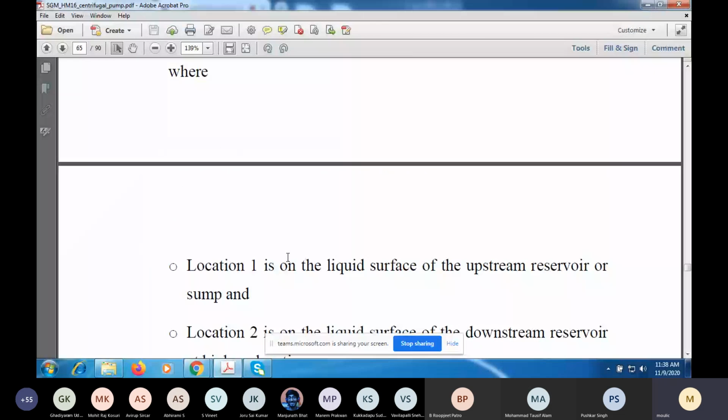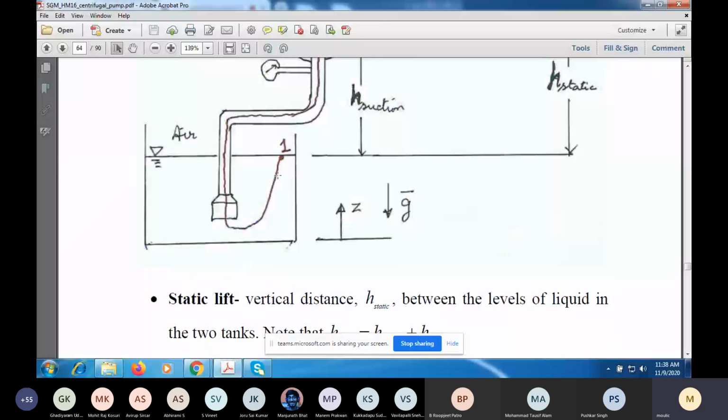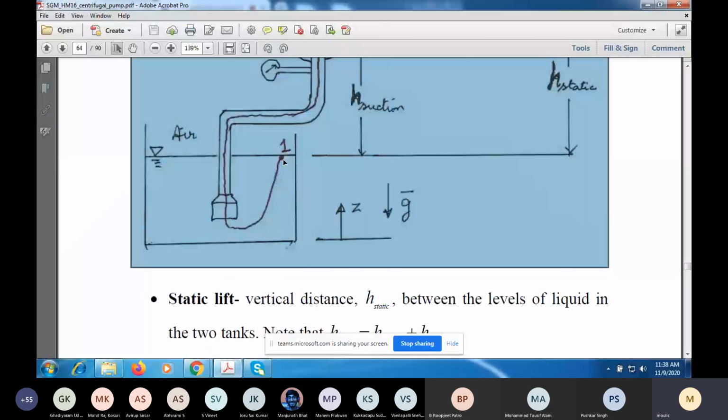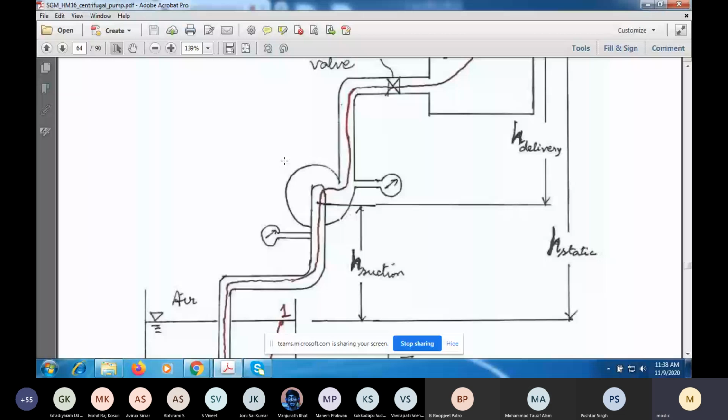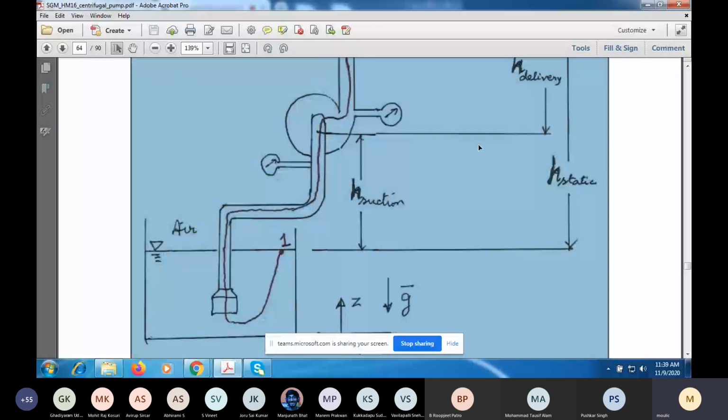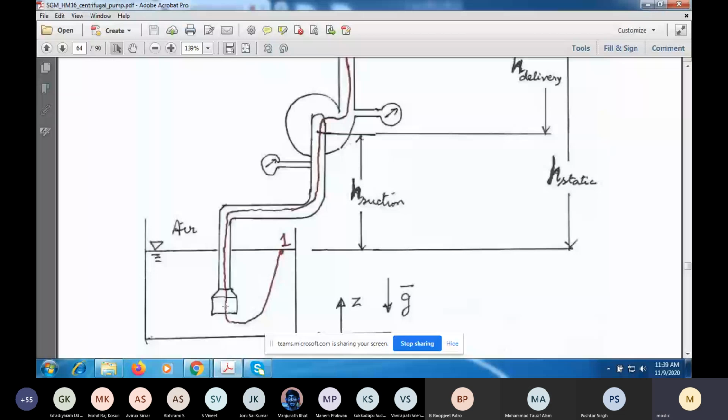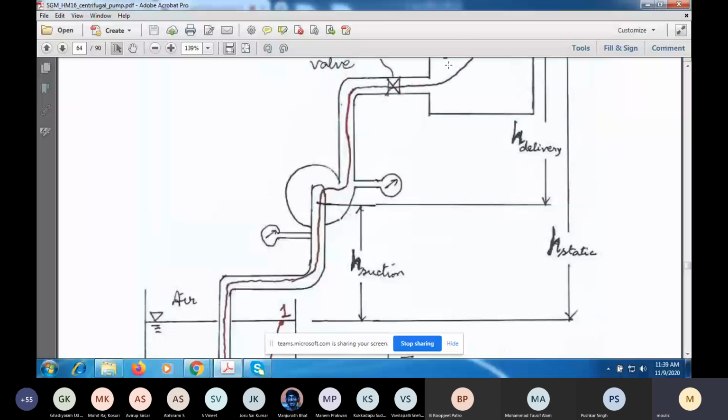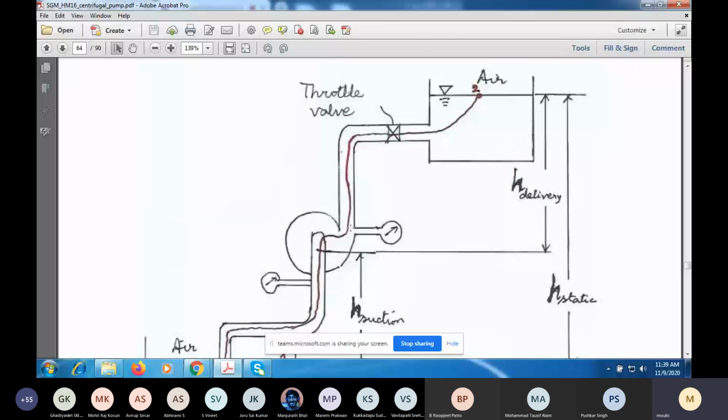So look at a point 1 on the surface here of this tank and a point 2 on the suction. And suppose those points are on a given streamline from this point through this suction pipe into the pump, and so out through the discharge pipe to this point.